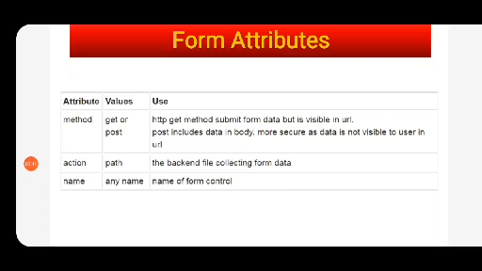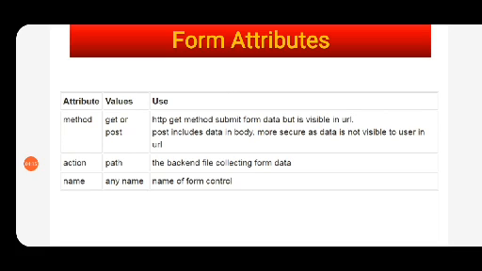Now we will be understanding these attributes in a tabular form. If we have the method attribute, then it can have two values, get and post, that we have already discussed. Get method is not that secure, post is much more secure. Get method is visible in the URL, so you can understand why it is not that secure, whereas post is not visible to the user in the URL.